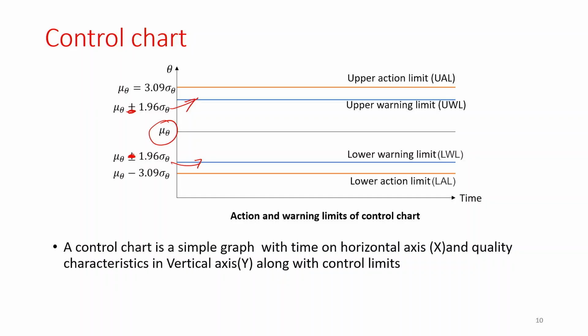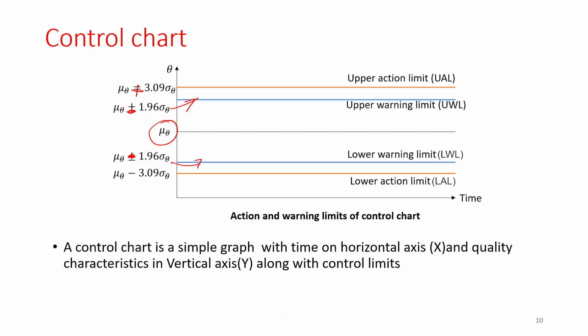So these two blue lines are equidistant from the central line, and that distance is about 2 times the standard deviation. 1.96 is close to 2, so roughly we can write it as 2 times the standard deviation. The action limits are shown by the orange lines, at mu theta plus 3.09 sigma theta and mu theta minus 3.09 sigma theta.